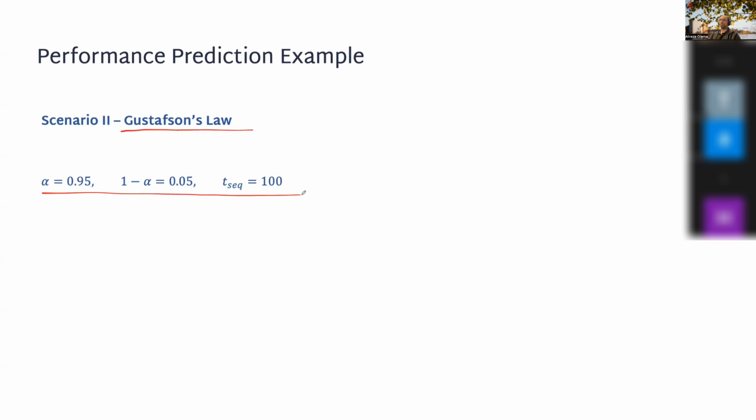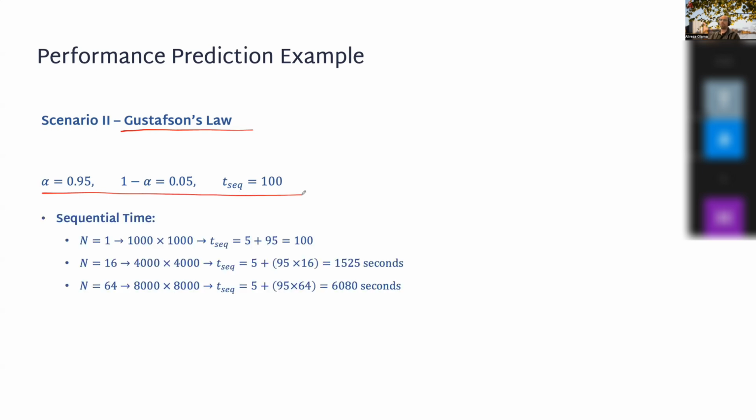So we consider the same serial problem, but now we increase the problem size with the number of cores. So for example, if I consider 3 different settings, if we use only 1 core, the problem size would be 1000 by 1000, and the sequential time, as before, is 100 seconds, right?